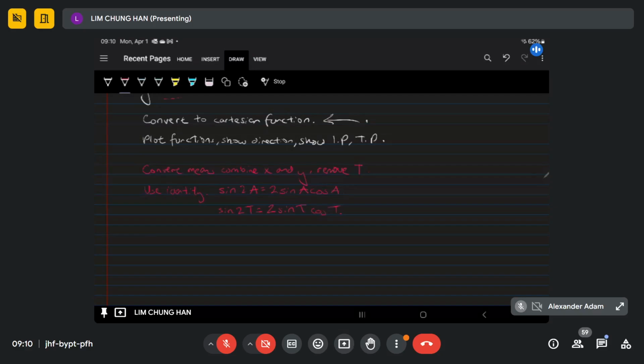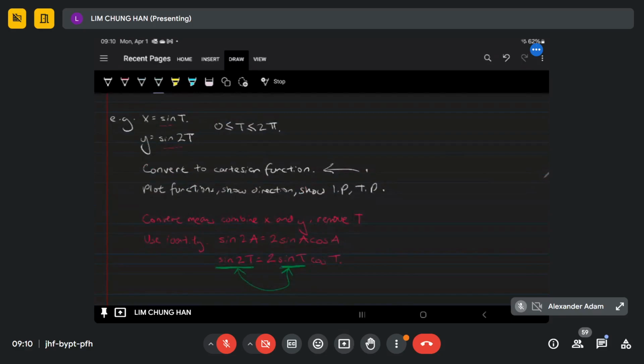The important point is I managed to find an identity that relates sine 2t with sine t. I managed to find one that relates these two because in my question, I'm trying to combine sine t with sine 2t. So I need to find an identity that has both of them in there.